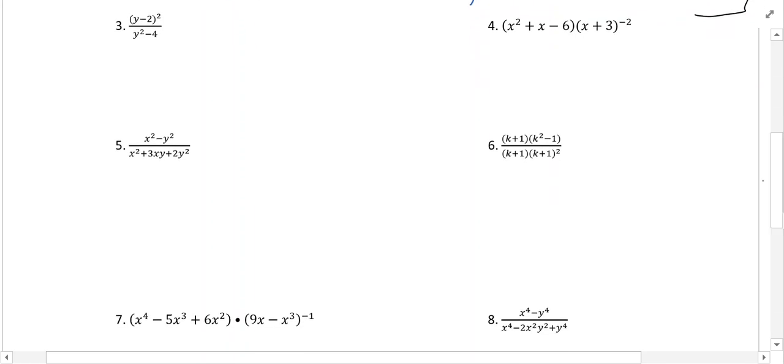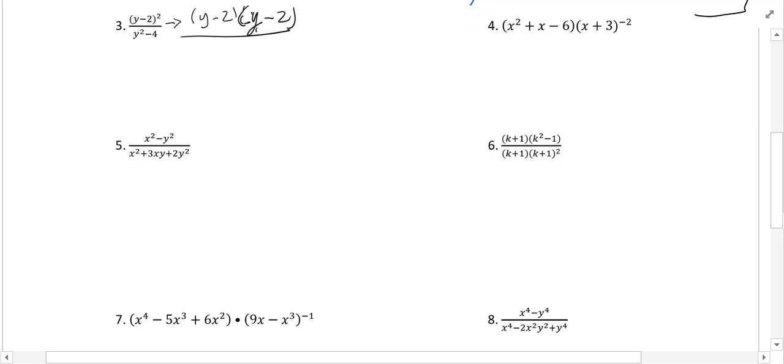Okay, so next problem. What you want to do is you want to simplify what you can. And remember, when you have y minus 2 squared, the quantity squared, you want to write it out twice. So this is y minus 2 times y minus 2. Sorry about the pen. All right. So on the bottom, y squared minus 4.